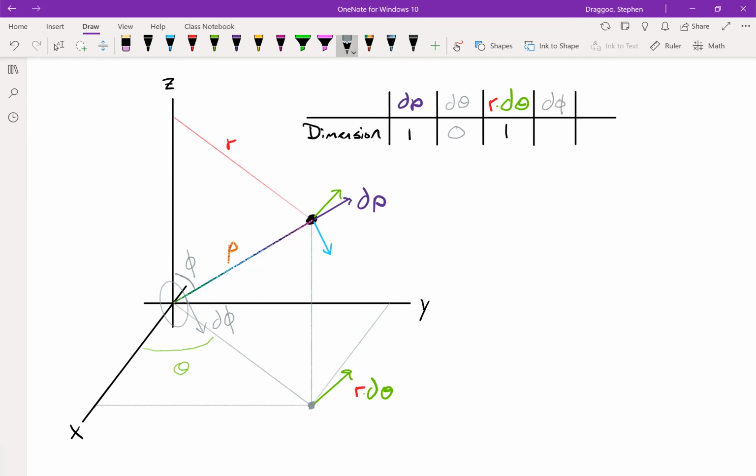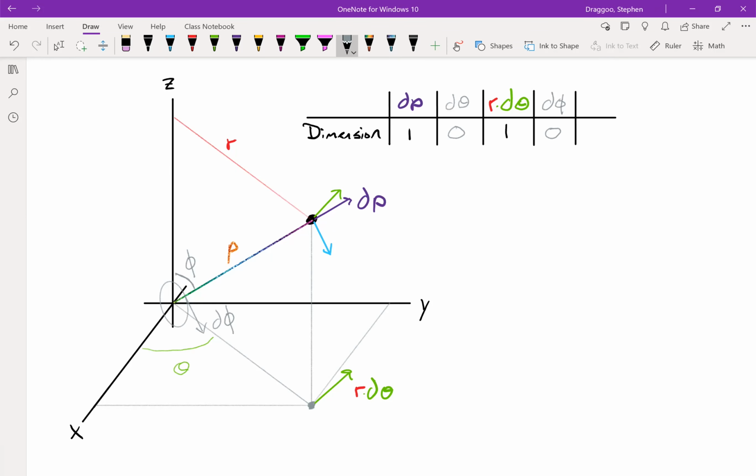Phi is the angle measured between the z-axis and wherever that rho line is. And again, just like theta, d phi has a dimension of 0 because that phi exists on some hypothetical unit circle in the, I guess, z-r plane would be the easiest thing to call it.